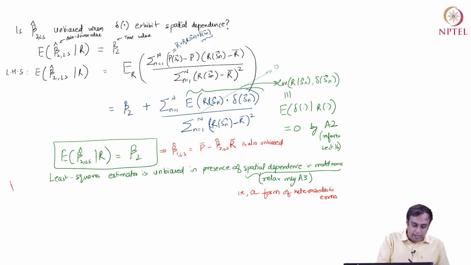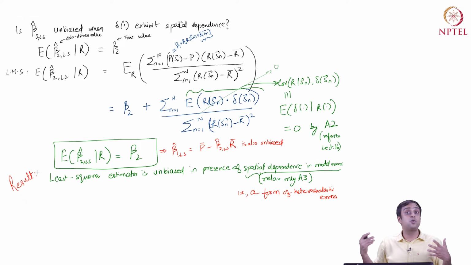So we have this very important result that even when we have this spatial dependence going on, least squares, which is seemingly simplistic, does a very good job. My point estimate is a very good guess of what is happening in reality.